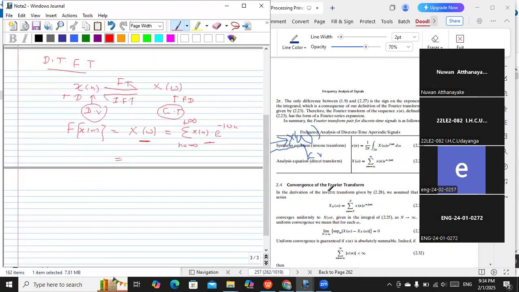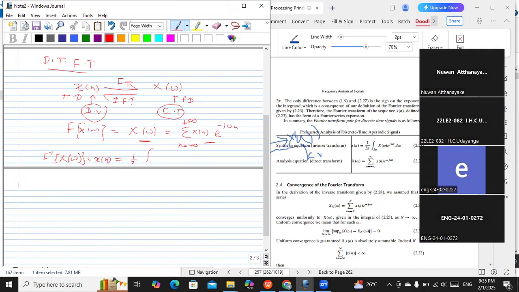So there you need to do an integration. The inverse Fourier transform is denoted like this; applying it to this frequency domain signal, you will get the time domain signal x(n).